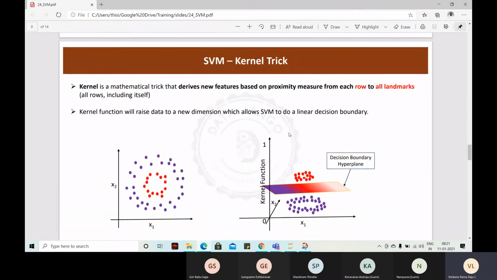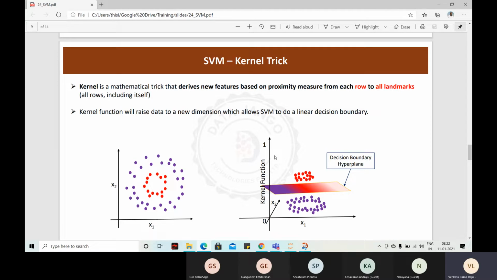There is a mathematical trick called the kernel trick which will also try to do the same. If your data has x1 and x2, when you apply the kernel trick, it will add a third dimension. If you have two input variables, it will add a third dimension. If you have 10 variables, it will add an 11th dimension.